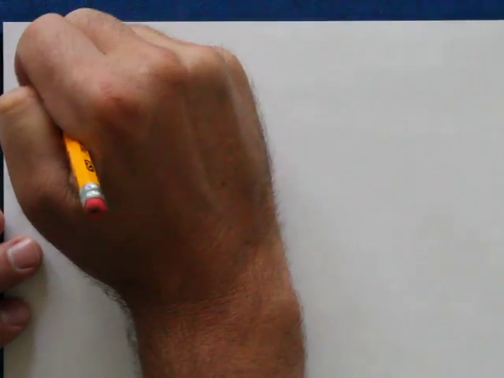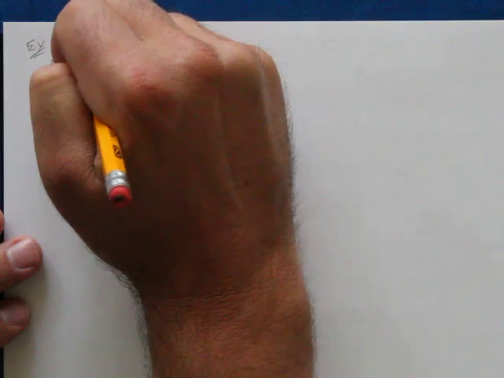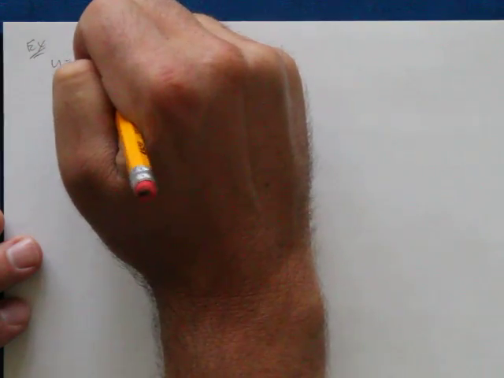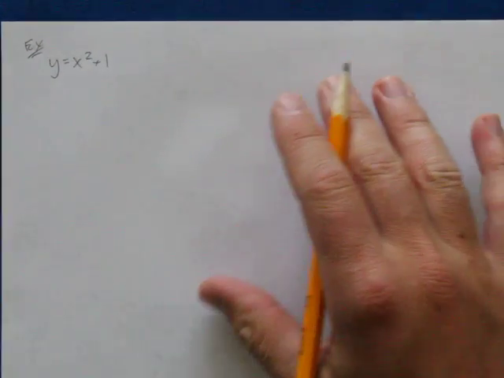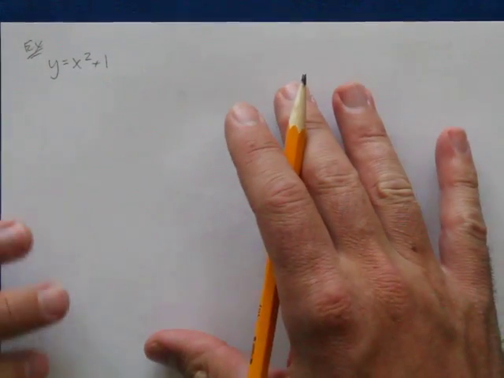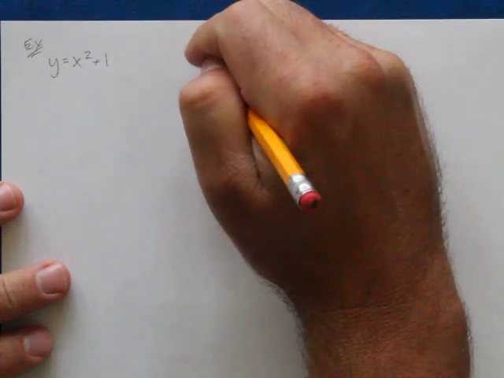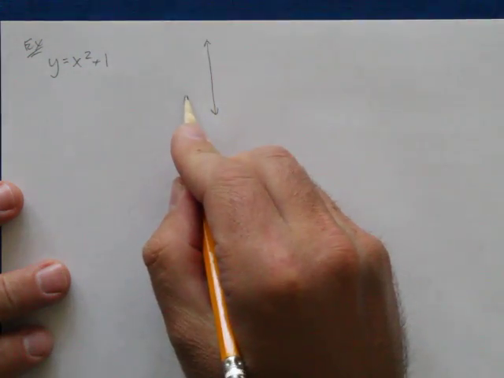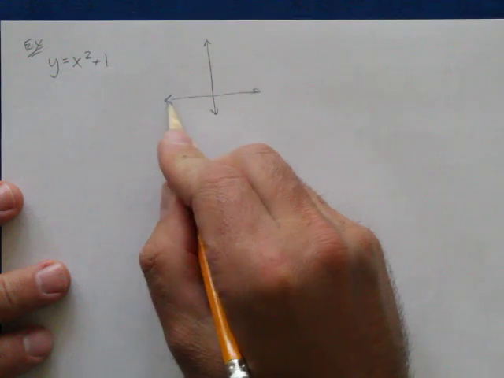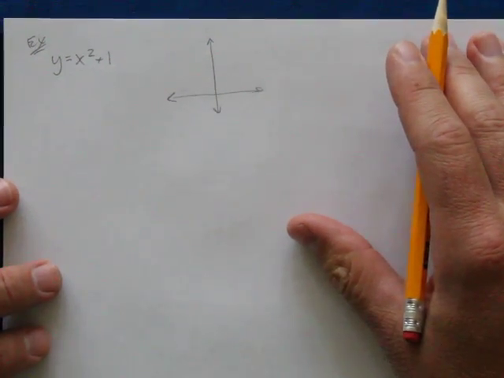So here is the function that we want to graph, y equals x squared plus 1. So hopefully you remember from algebra how to graph a parabola. But if not, let's do it real quick.